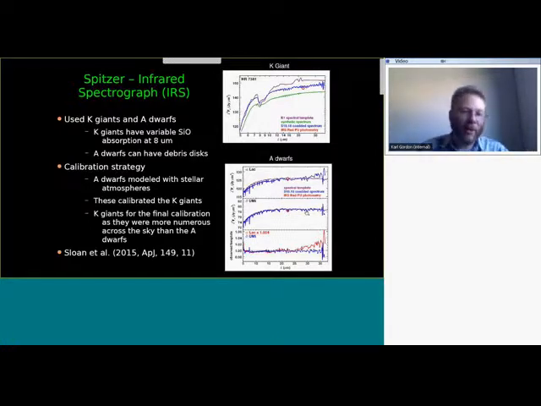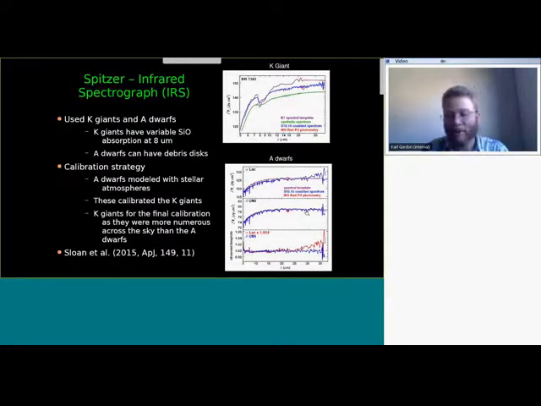They used that as their primary and then calibrated the K-giants and then added the K-giants into this, as they were much more numerous across the sky than the A-dwarfs. This is one of the reasons why K-giants have been used in the mid-infrared for some time. The telescopes and instruments didn't have the sensitivity to go very faint, so they needed sources that were brighter. JWST will be able to go fainter, and so maybe that'll allow us to relax that restriction, and we can go to easier to model stars.